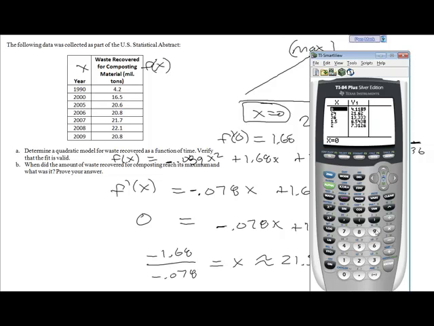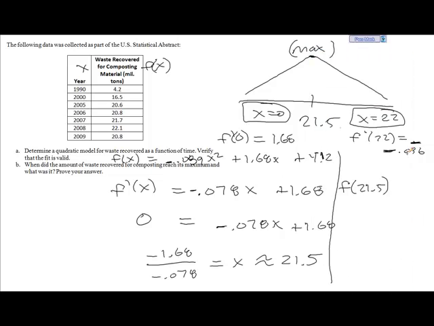Now again, this can be conflicting because I rounded here, but I'm not going to round here. In my y equals, I have the full equation, but it's okay, we'll get a pretty close estimate. So we'll type in 21.5, and we get about 21.9 million tons of waste being used for composting material.